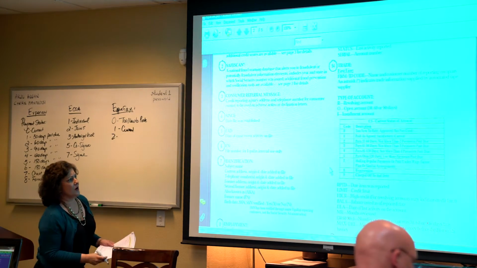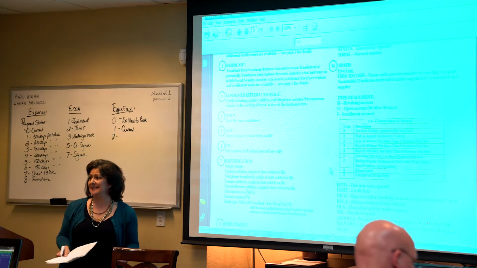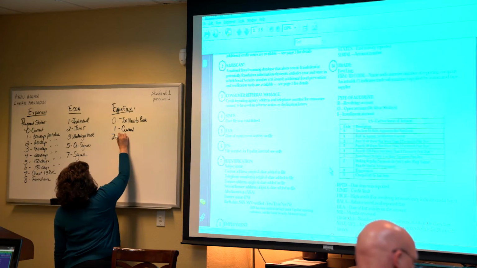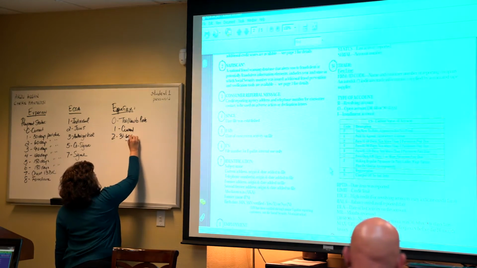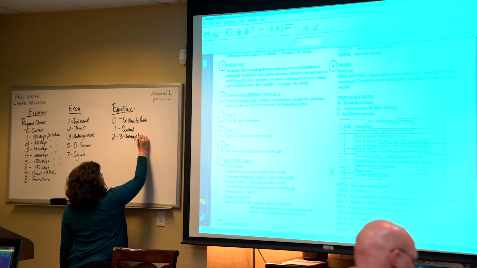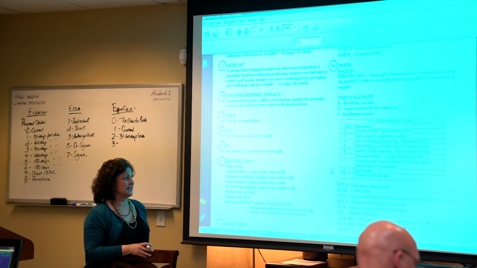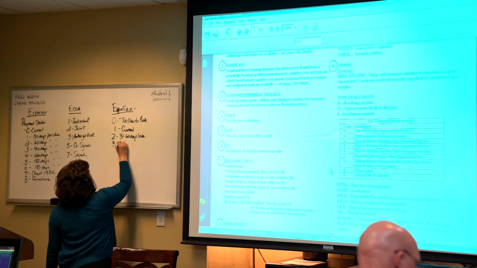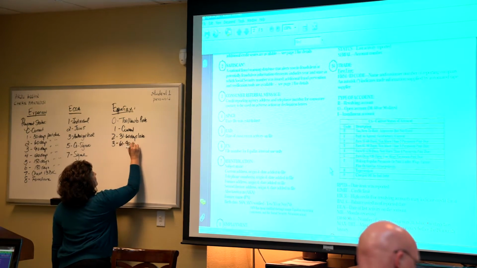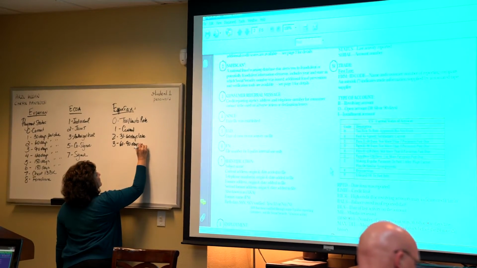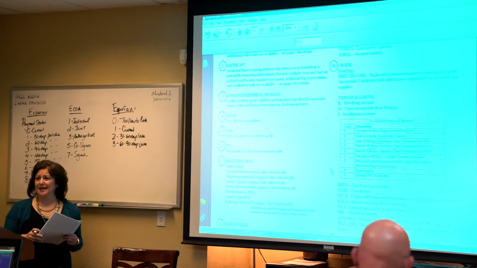2 means they are 31 to 60 days late at the time of the loan application. 3 moves to 61 to 90 days late at the time of the loan application.